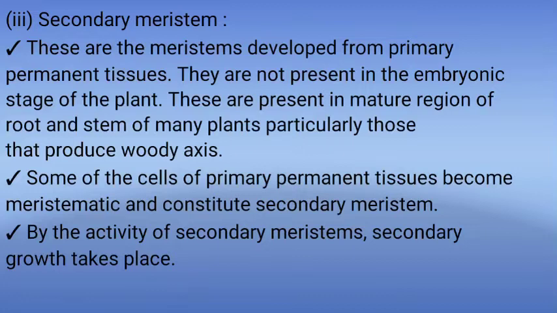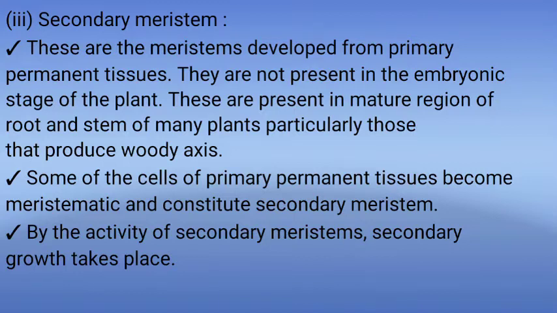Next one, third type, secondary meristem. These are the meristems developed from primary permanent tissues. They are not present in the embryonic stage of the plant. These are present in mature regions of root and stem of many plants, particularly those that produce a woody axis.